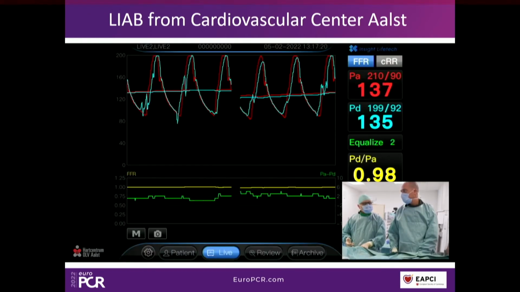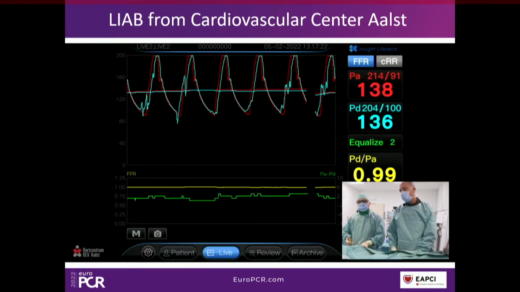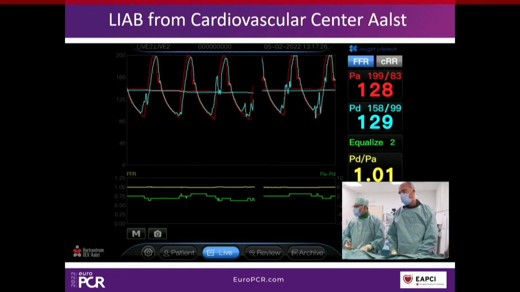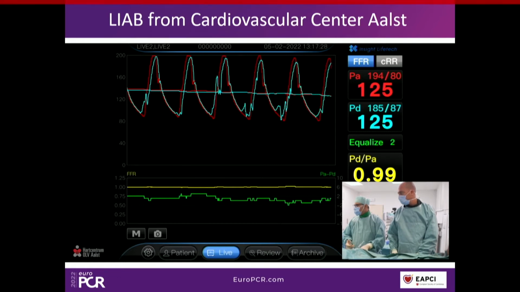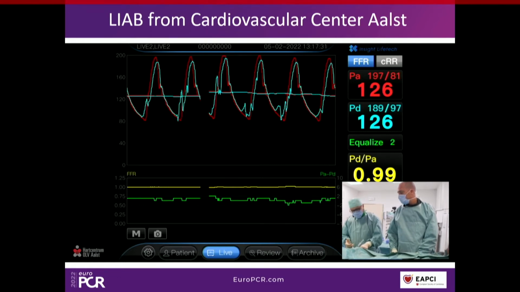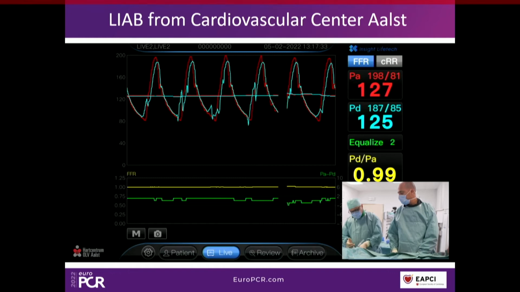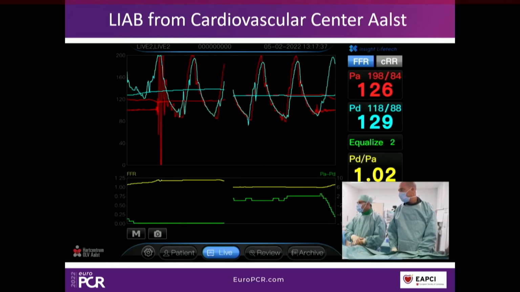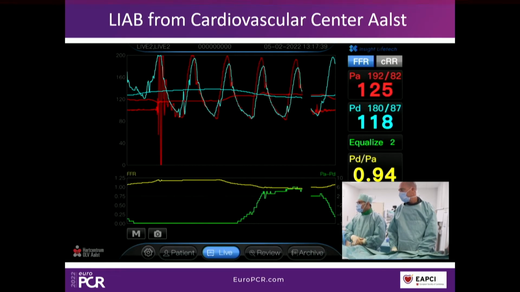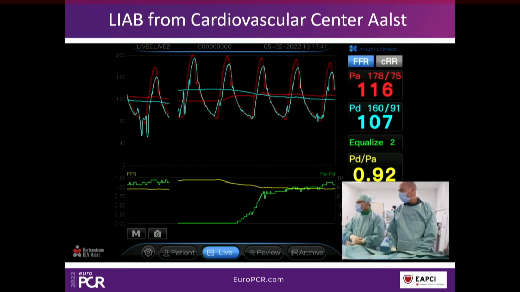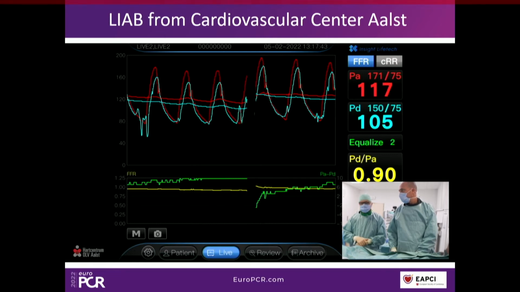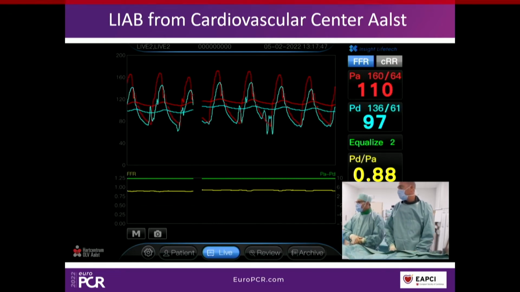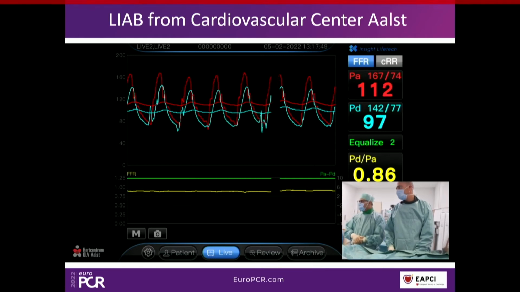Okay, so we implanted this additional stent, 2.75/28, and we are doing now, hopefully, the final functional assessment. This is the resting gradient. I will induce hyperemia. Top. And the value is already reassuring. Indeed, an FFR post PCI approximately 0.88.